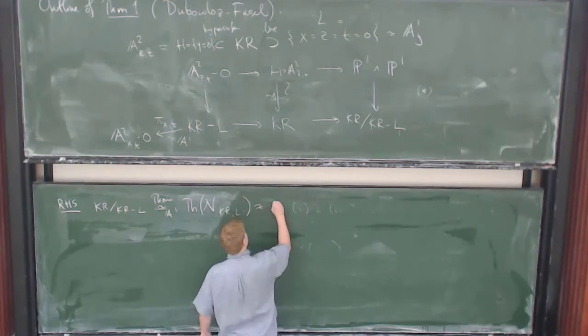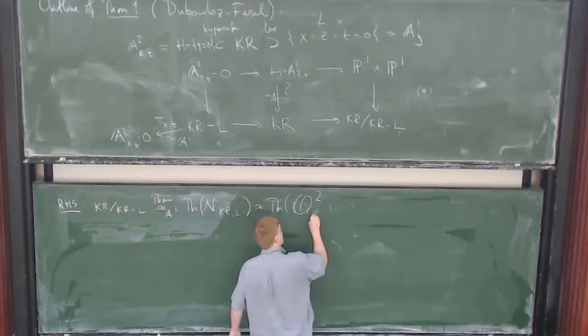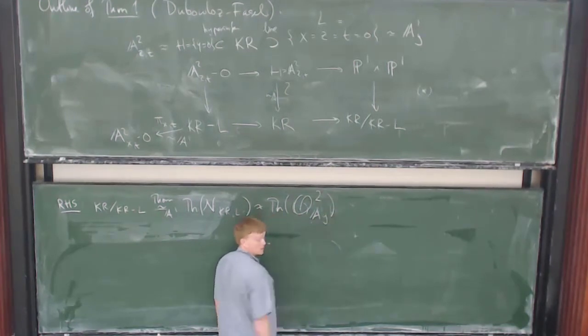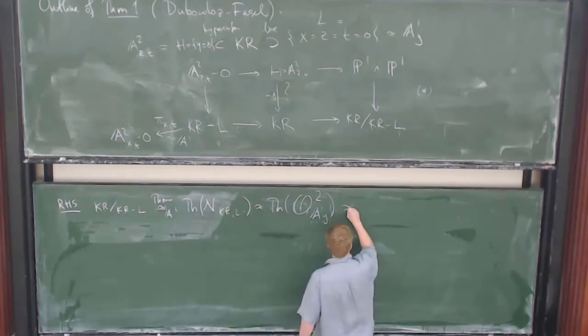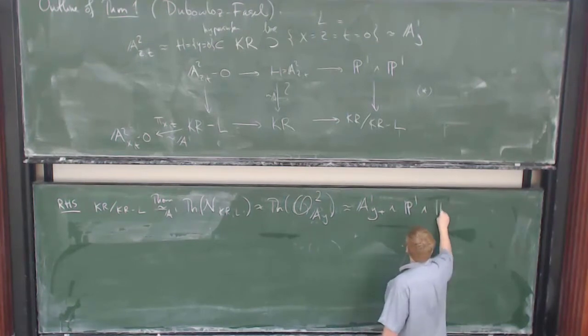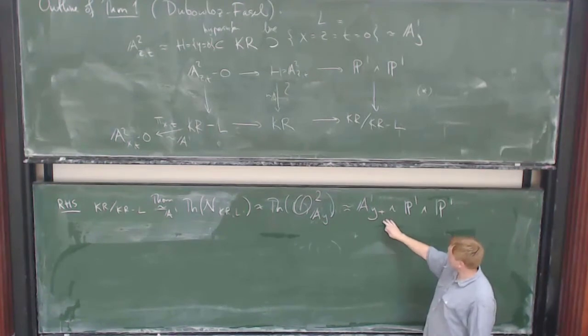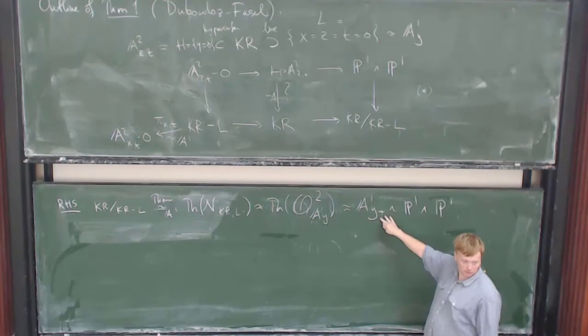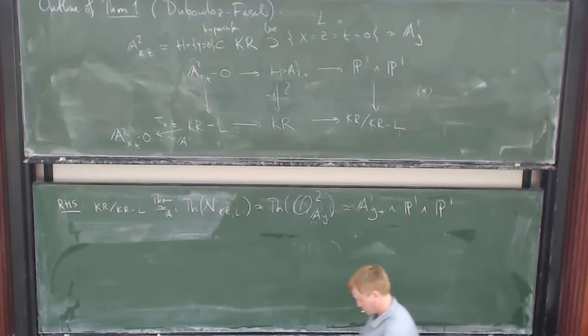So this is the same as the Thom space of the trivial rank 2 bundle over A1 in the variable y, generated by c and t. So we can identify this with A1_y plus smash P1 smash P1, and the map on the right-hand side is just induced by the map from the rational point 0 on A1. So clearly that map on the right-hand side will be an A1 weak equivalence.